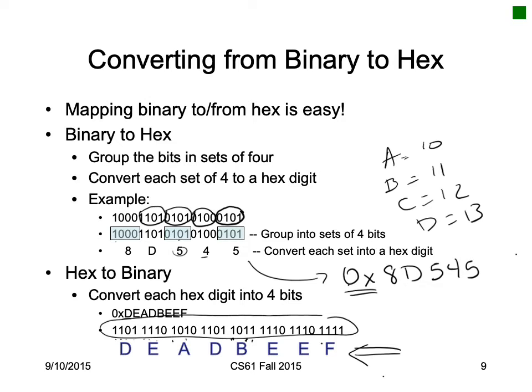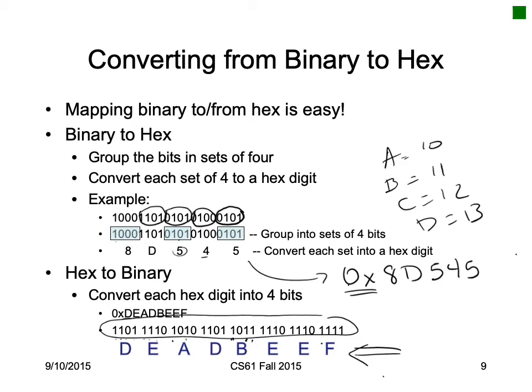Now I have 1101, so that's a 1, nothing in the 2's place, plus a 4 is 5, plus an 8 is 13. So if A equals 10 and B equals 11, C equals 12, then D must equal 13. So that's why that's a D. Finally here I have a 1 in the 8's place and all zeros, so that's an 8.